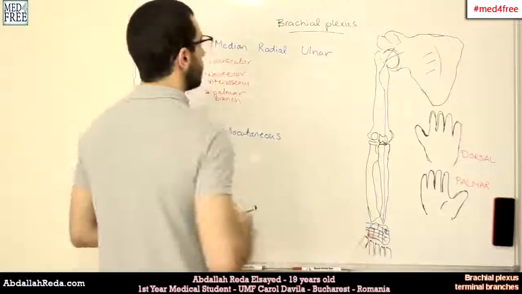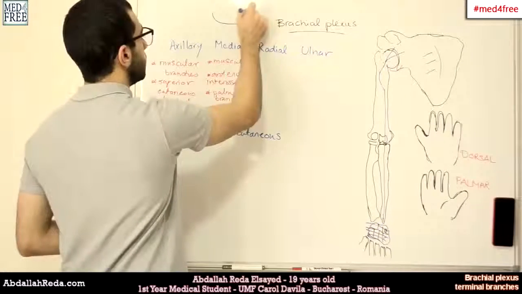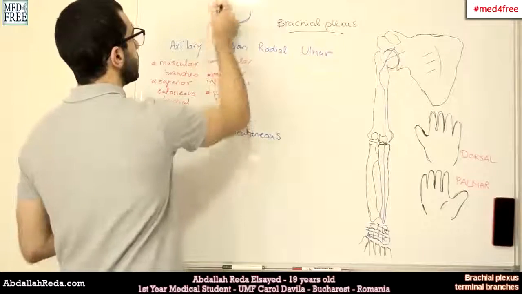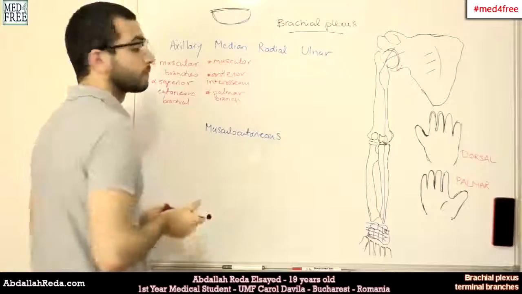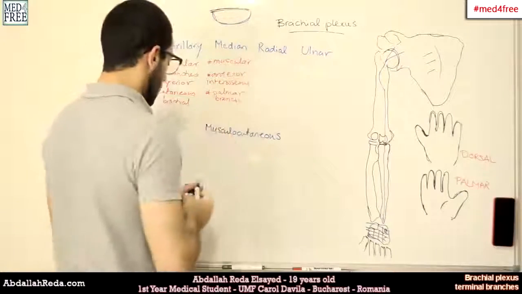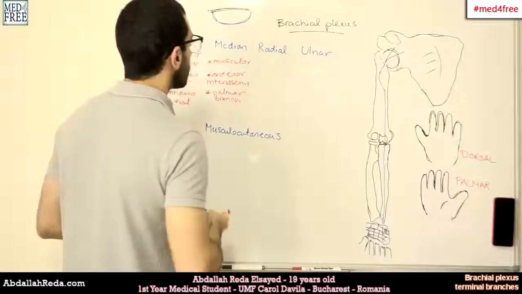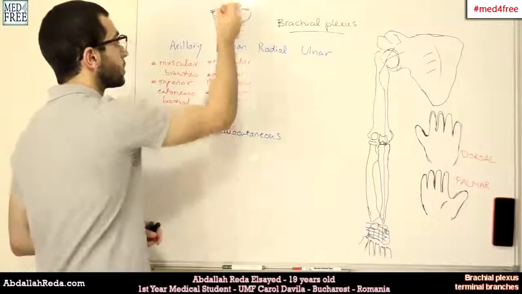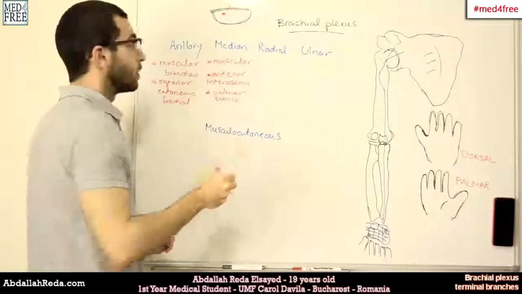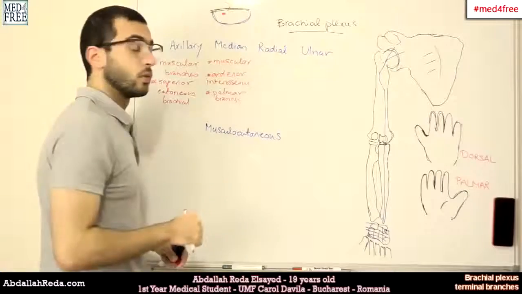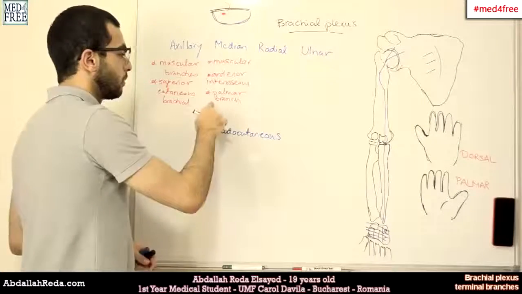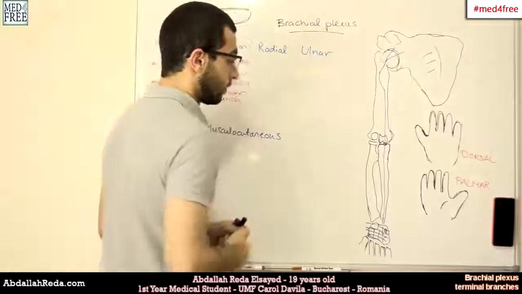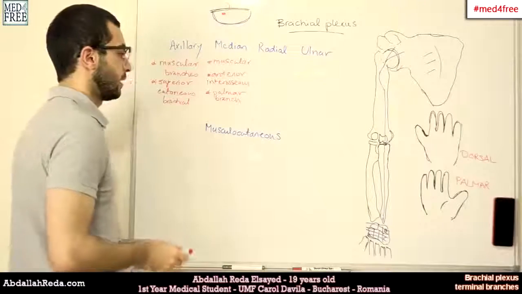So if the carpal bones are like this, this will be the flexor retinaculum, forming a tunnel, and the median nerve actually goes through the tunnel, but the palmar branch will go superficial. It will not pass with the median nerve through the carpal tunnel. So the palmar branch will go above the flexor retinaculum, or be superficial to the flexor retinaculum.